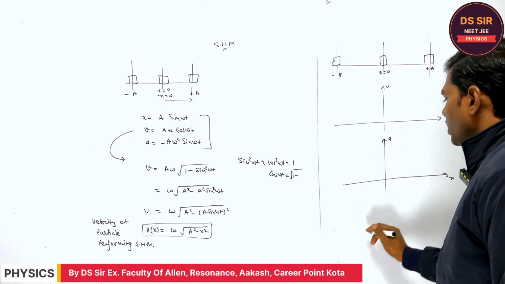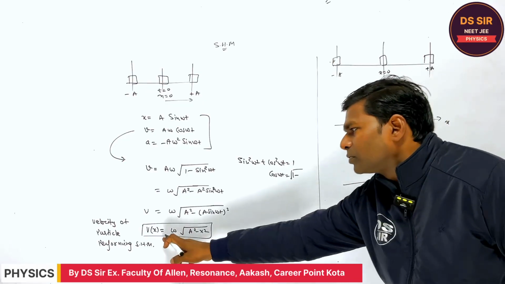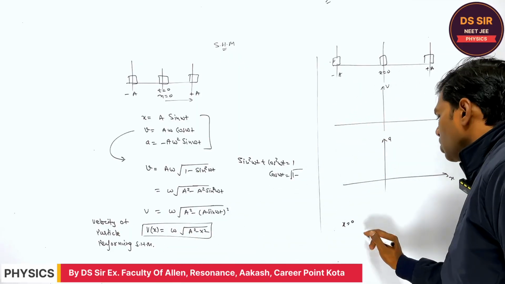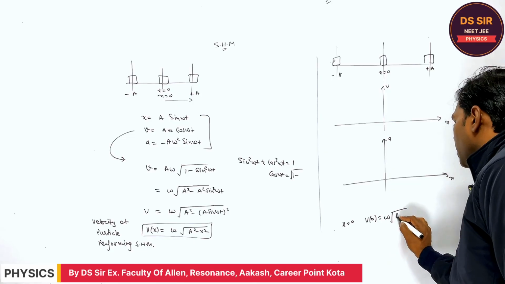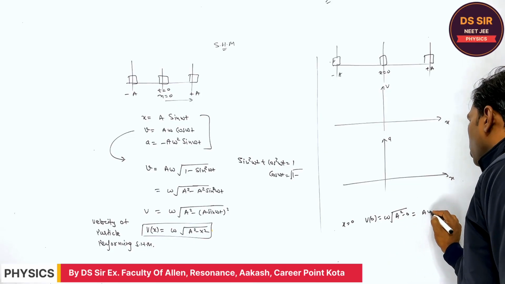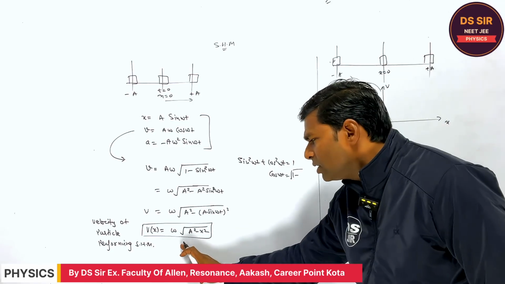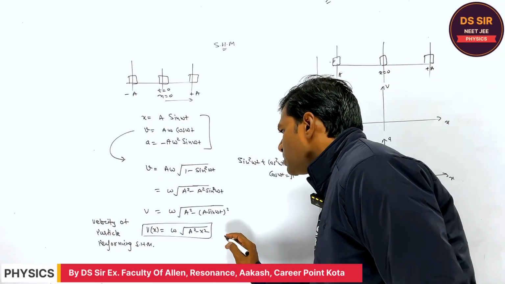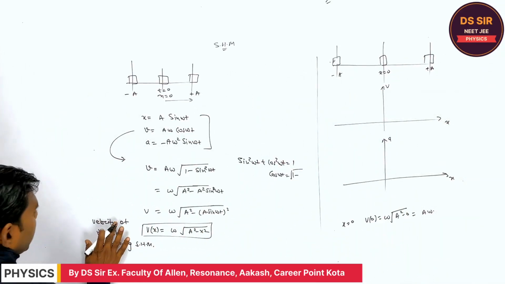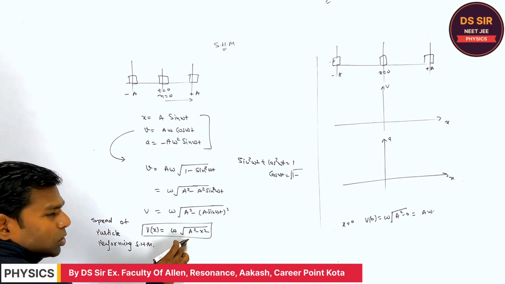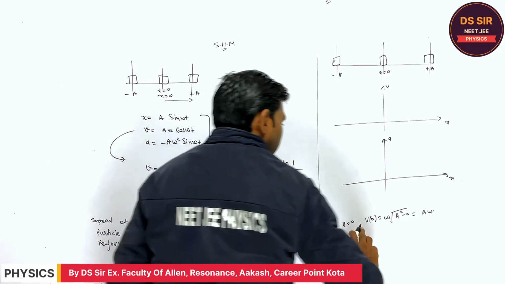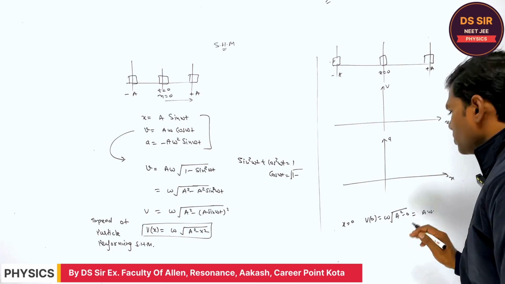So listen to one thing. If x is equal to 0, what is the velocity at the mean position? Omega root over a square minus 0 is equal to a omega. It is not the velocity, rather you will say it is the speed of the particle. You may write the speed because it is always positive. So at x equal to 0, the speed is what?